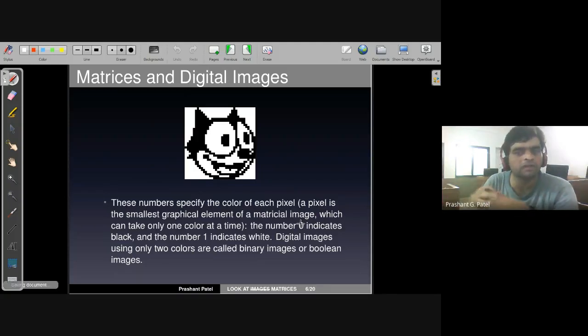The 0 color indicates black and 1 indicates white. Digital images using only two colors are called binary images or Boolean images. So those images which contain only two colors are known as binary images or Boolean images.